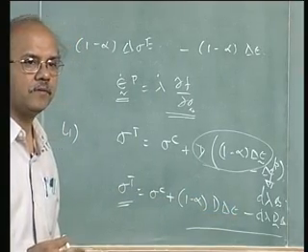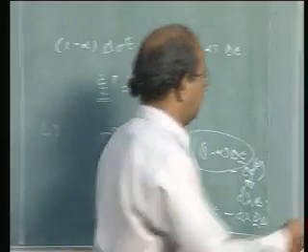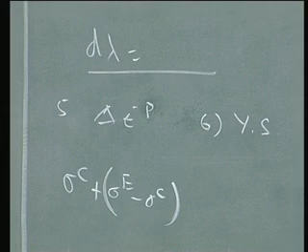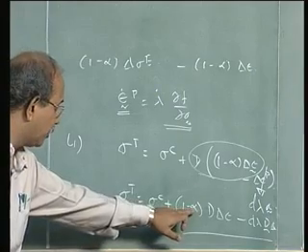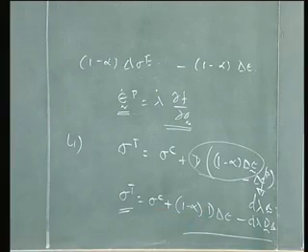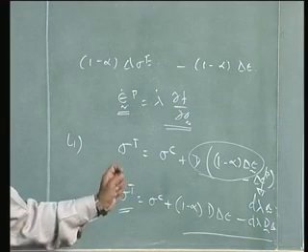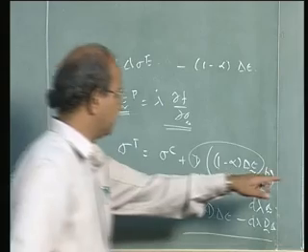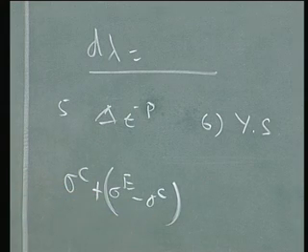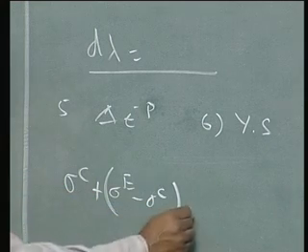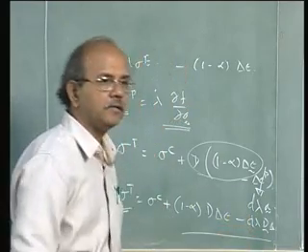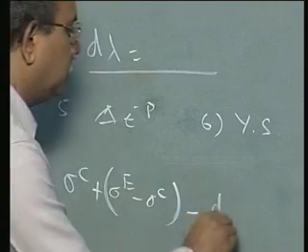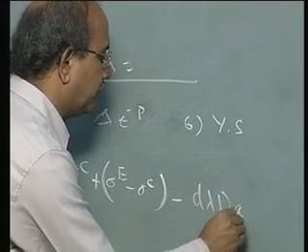That is the sigma contact term minus sigma C. One minus alpha is what we are going to correct. So this term alone, alpha into d delta epsilon, is d into alpha delta epsilon, which we are correcting. So this term becomes sigma E minus sigma C. Minus, of course, this term here, d lambda dA.